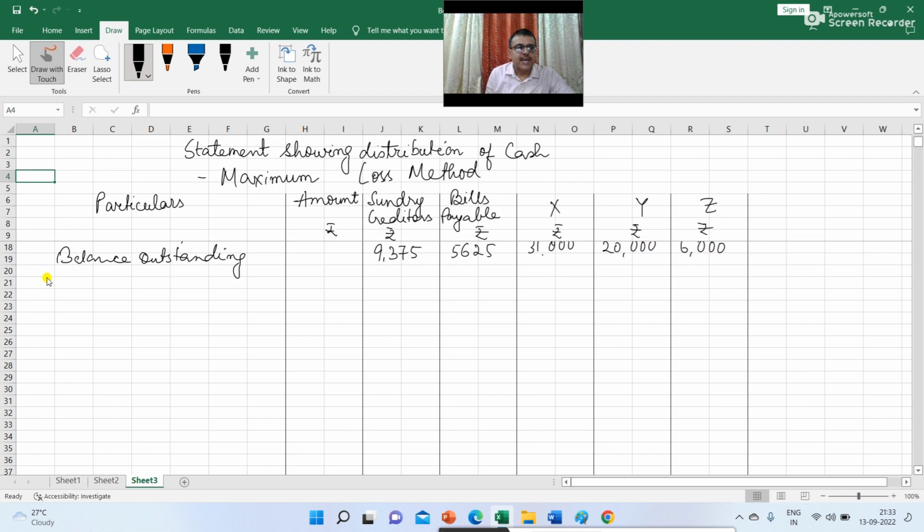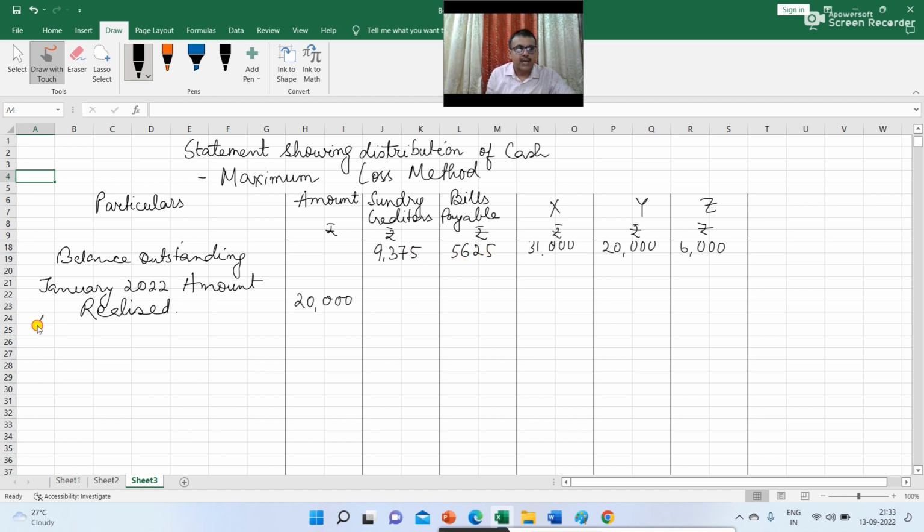Then in January 2022, amount realized 20,000. So from this 20,000, the first 15,000 will be paid off to sundry creditors and bills payable.